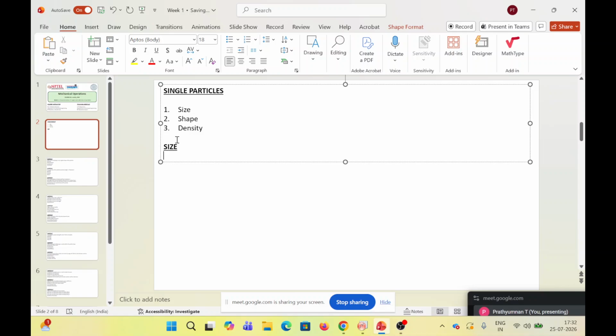The very first thing that we do is, when we get irregular particles, we find their spherical equivalent. And what I mean by spherical equivalent is nothing but we equate the dimensions of the particle to that of the sphere.